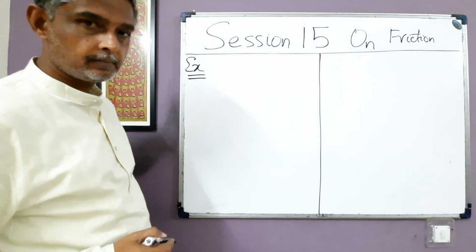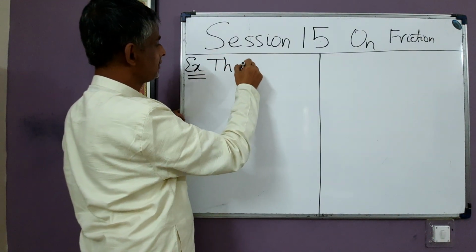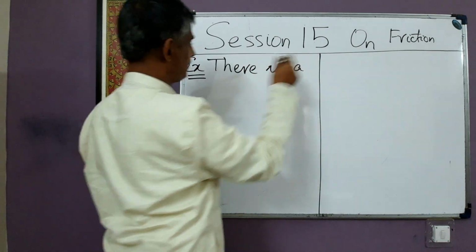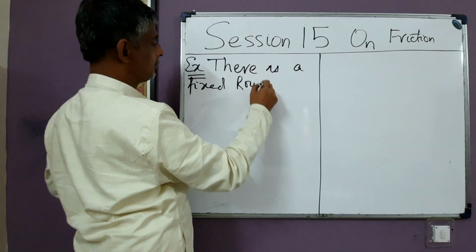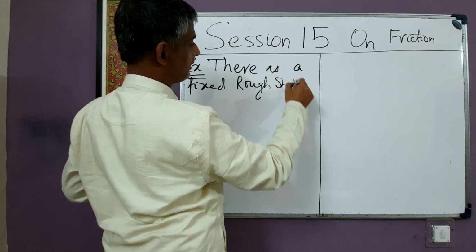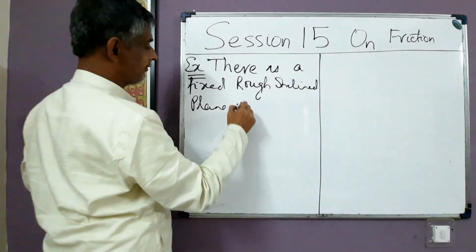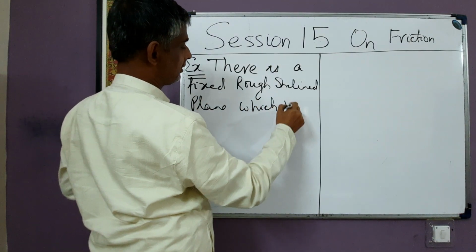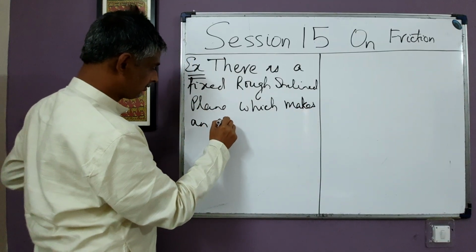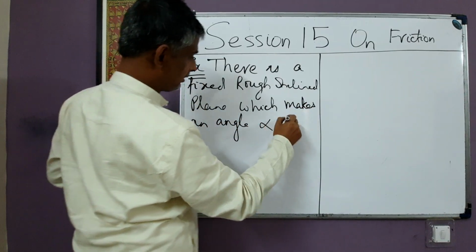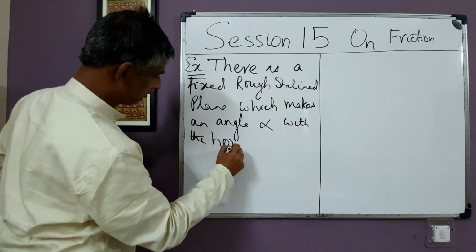Question is this. There is a fixed rough inclined plane which makes an angle alpha with the horizontal.